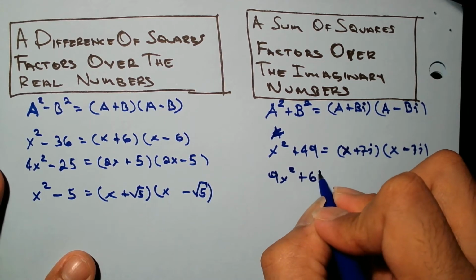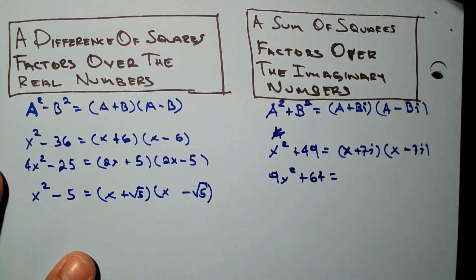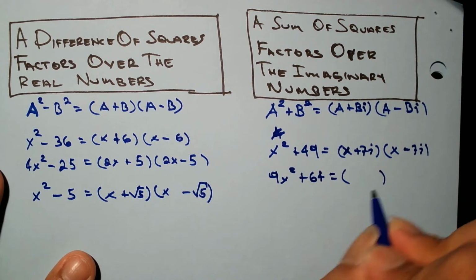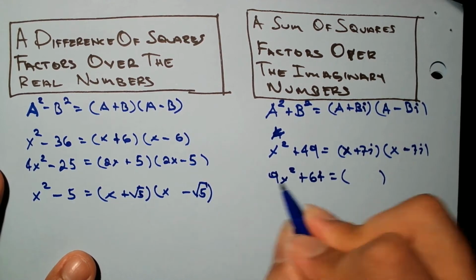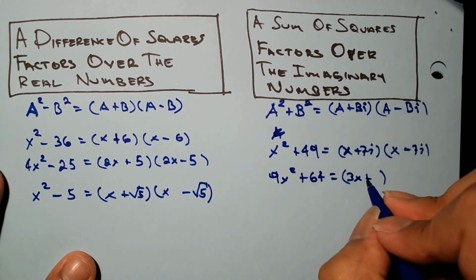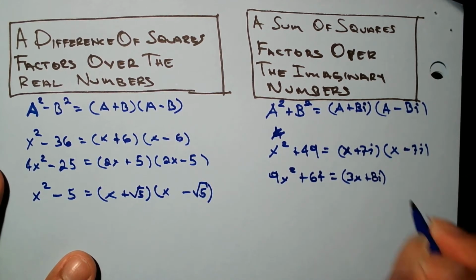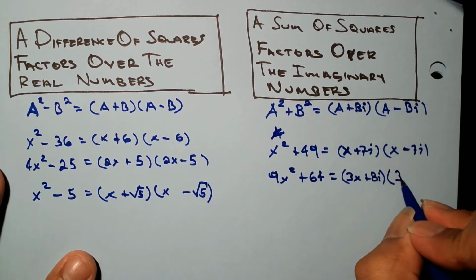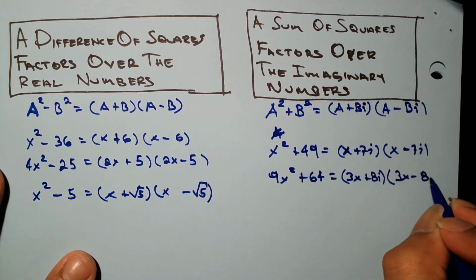Why not? The quantity whose square is 9x squared is 3x, plus the square root of 64, which is 8, but in this case 8i. And on the other hand, 3x minus 8i.